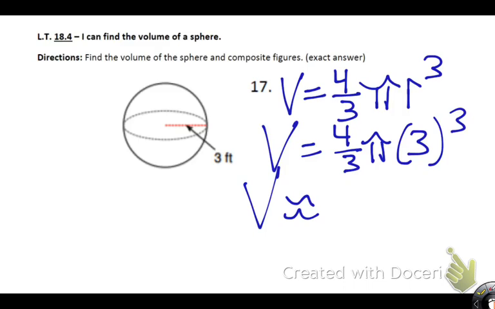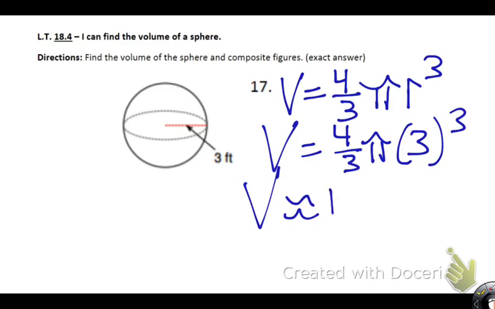And then I'm going to do times. I don't think I have the fraction thing on my phone. So I'm probably going to need to multiply by 4 first, and then I'm going to divide by 3.